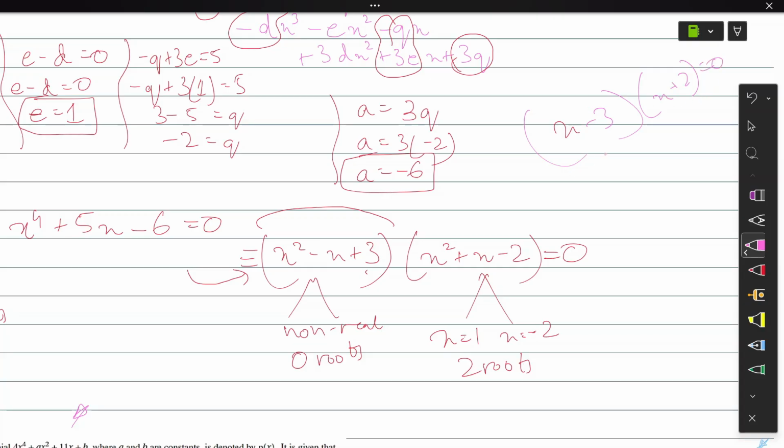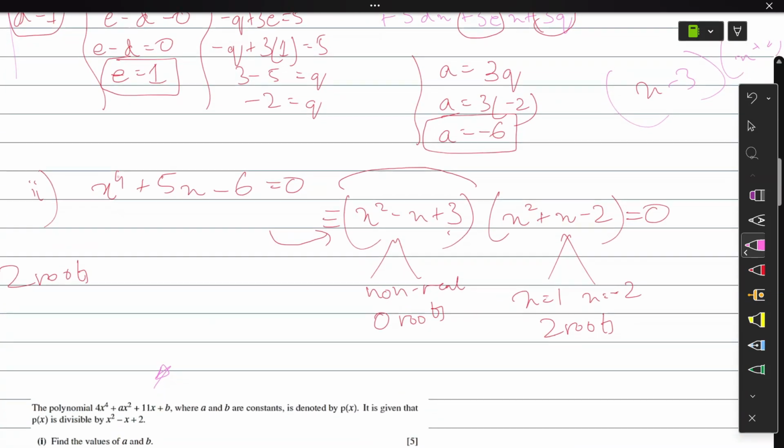Each bracket can be equated to 0. Just like that, when there's a power of 4 and you get two brackets multiplying, these are two factors. These can both be equated to 0, because you've already been told that p of x is equal to 0.